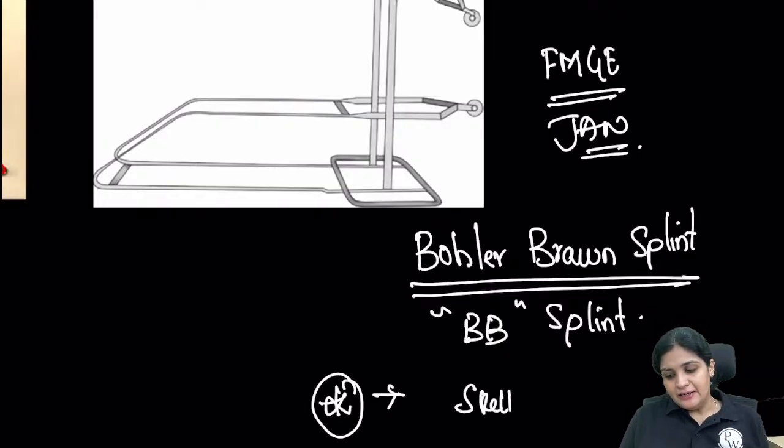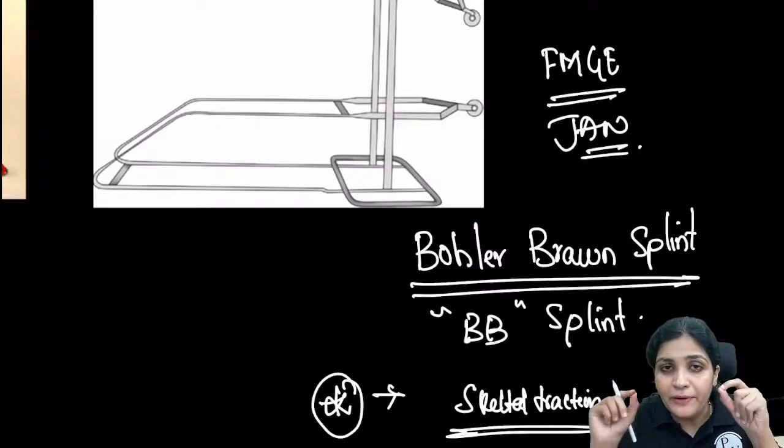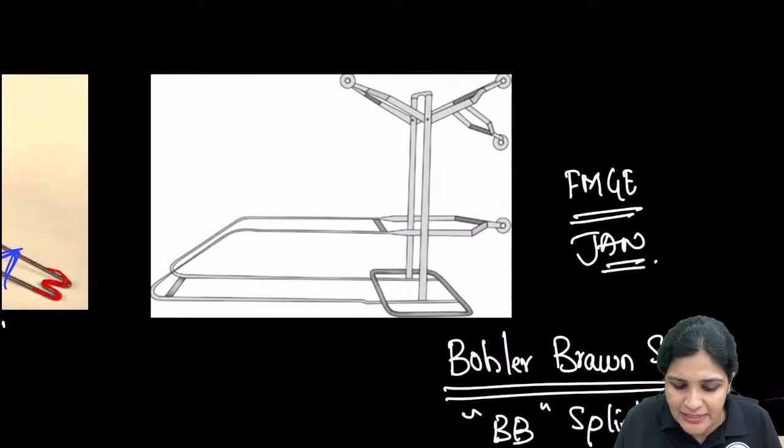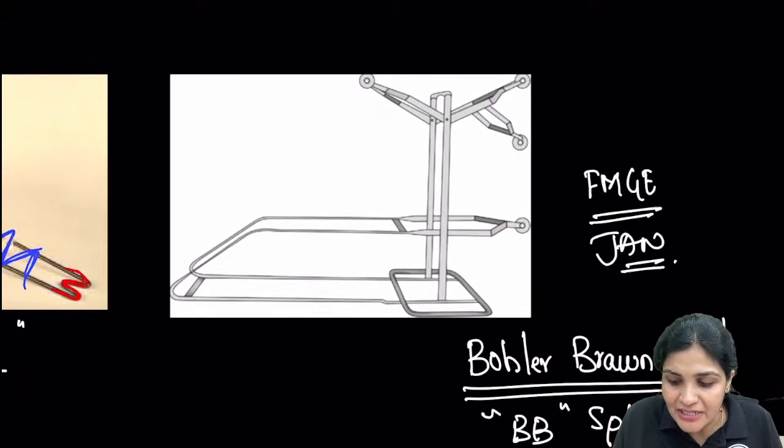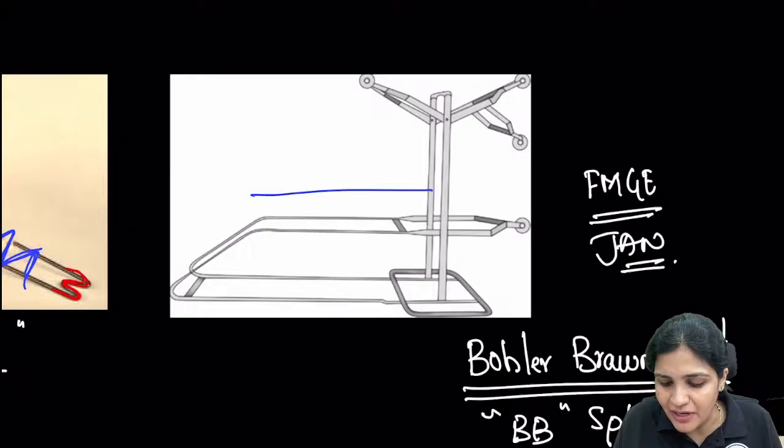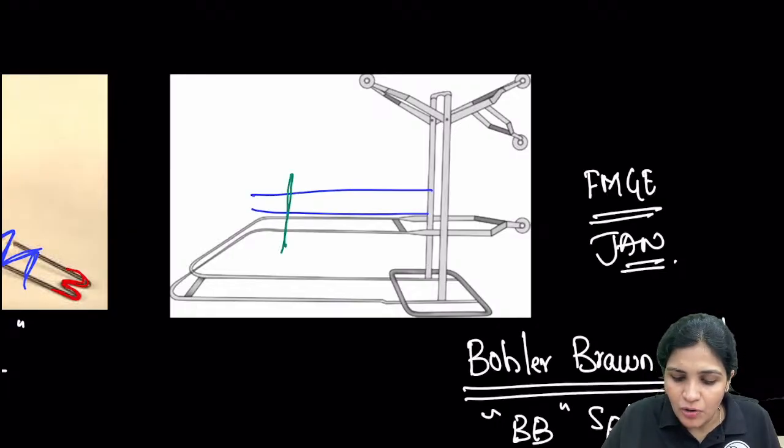Skeletal traction. What is skeletal traction? We put a pin. For example, if the patient has a femur fracture, this is your tibia. From the upper tibia, you put a pin. This pin is called Steinmann's pin.